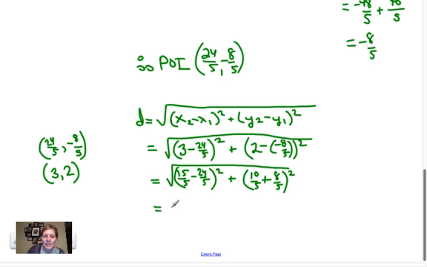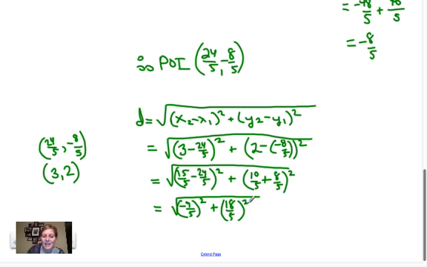And that's going to give us the square root of 15 minus 24 is going to be -9/5. And we're going to square that. And 10 plus 8 is 18/5.